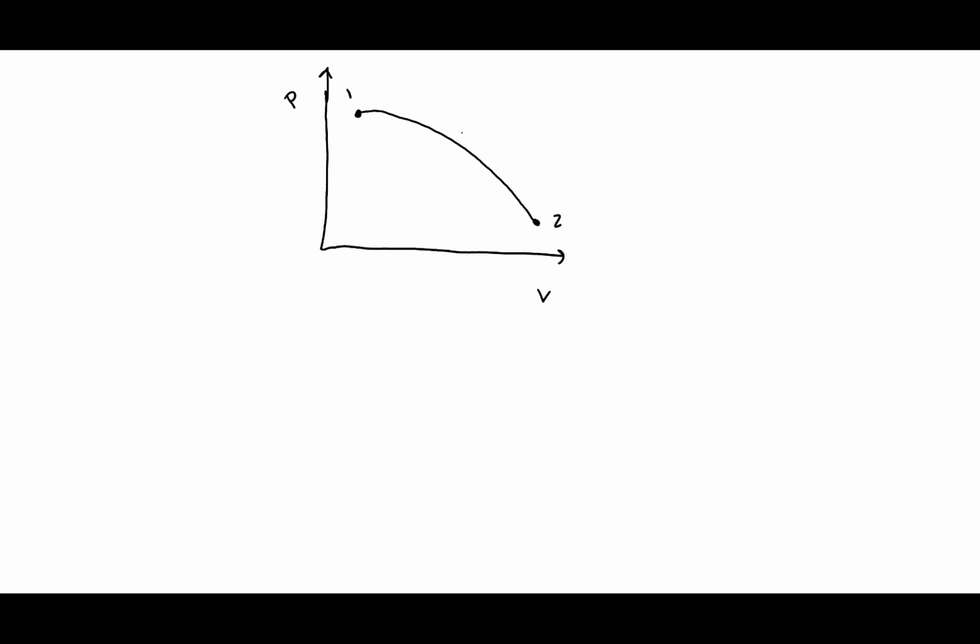Let's say that this is A. And let's say we do work like this on a different path. And then let's say that this is another path in the middle. So because the work is equal to the area under the curve, you can see that depending on what path you take to do the work, the amount of boundary work done changes.